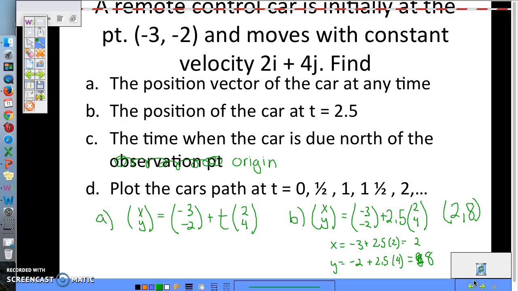Now the next thing it says is plot the car at t equals 0, 1/2, 1, 1.5, and 2.